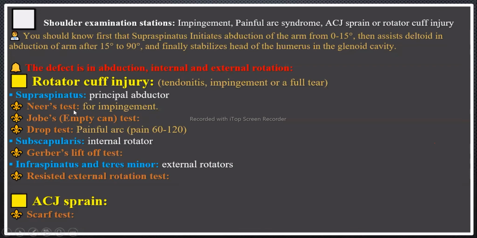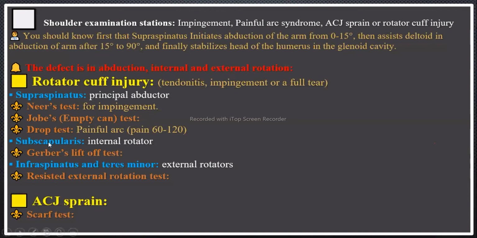These are special tests. All of them are for what? Impingement or tear. If the patient has pain on movement, it means impingement. If the patient has weakness, it means tear.